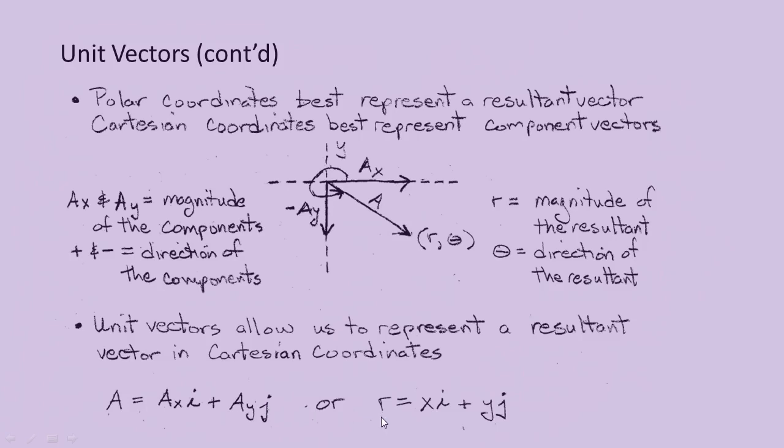Another way of stating that using the coordinate systems is that the r coordinate is equal to the x coordinate from the Cartesian system times the unit vector i plus the y coordinate from the Cartesian coordinate system times the unit vector j.